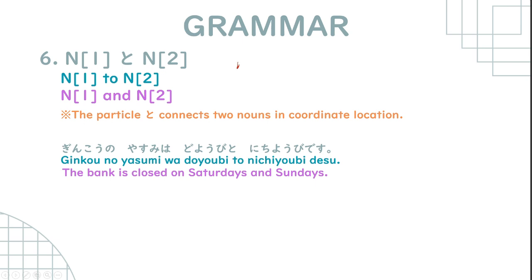So you can say 私とあなた, me and you. Or you can say Miller san to Santos san. So that is how you use to.